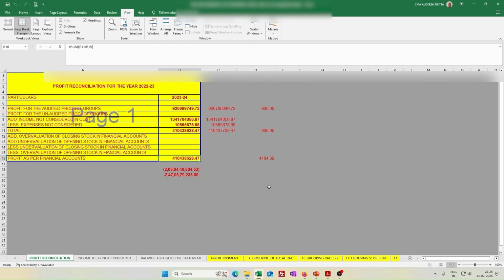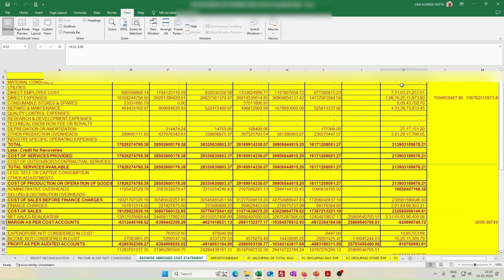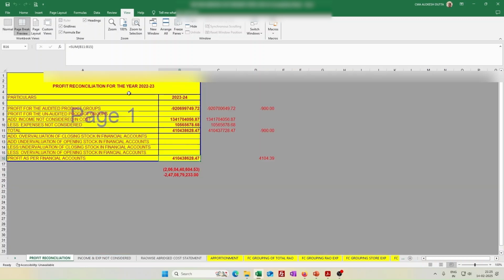So far we have prepared the reconciliation statement D2 and B2. B2 of the company means the average cost statement. This is this column, and the profit reconciliation part.